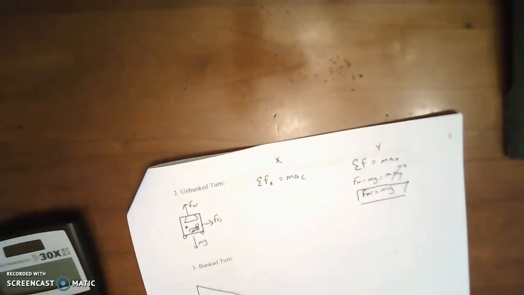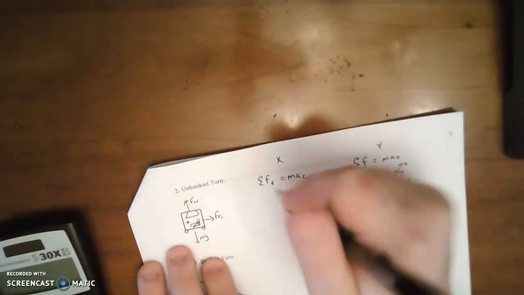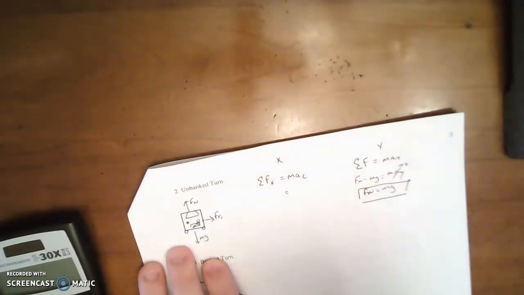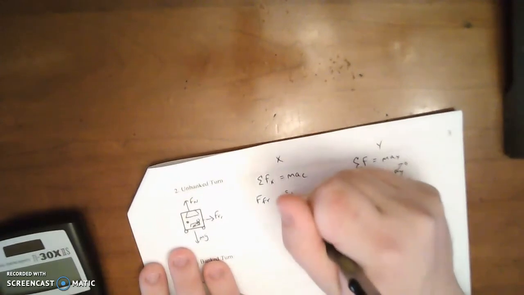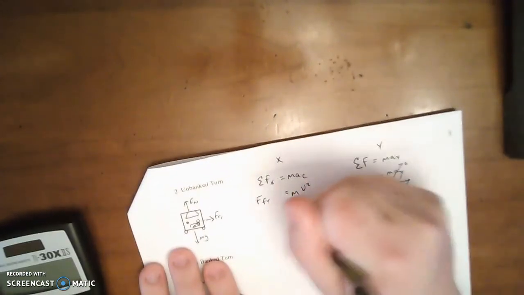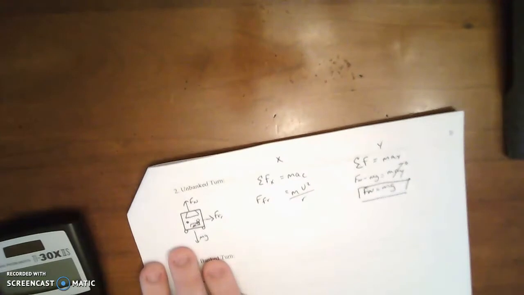The x direction is where we get our new stuff. So starting things off over here, sigma F is just going to be equal to Ffr. And over here, ac, we can replace with v squared over r from that equation we learned a little bit ago.